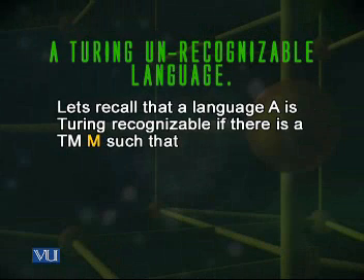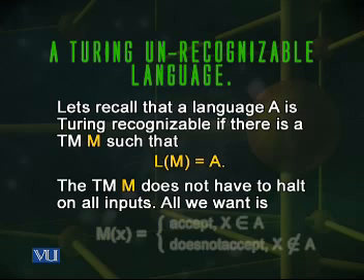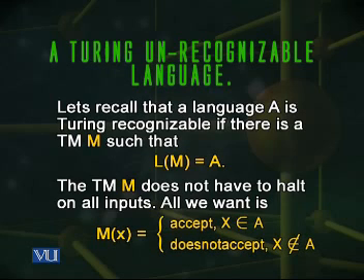So let's recall that a language A is Turing recognizable if there is a Turing machine M such that L of M equals A. The TM M does not have to halt on all inputs. All we want is that M, when given the input X, will accept if X is in A and will not accept if X is not in A.